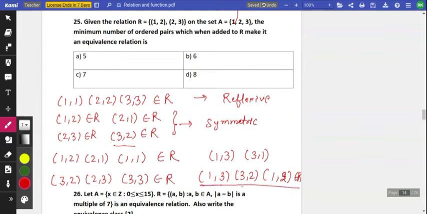So you have to add only 1 3 and 3 1 to make the relation transitive.